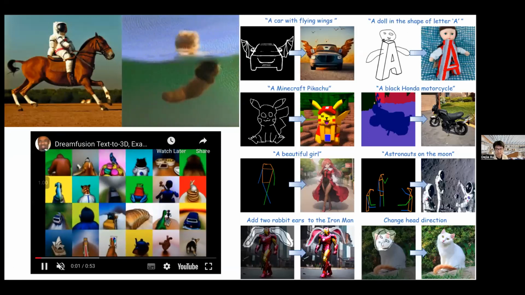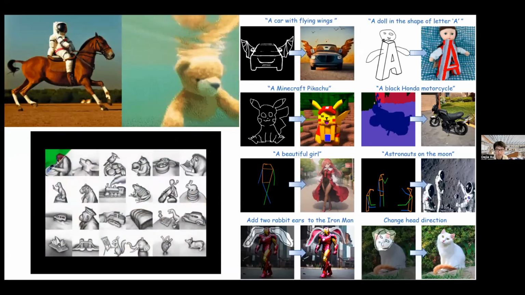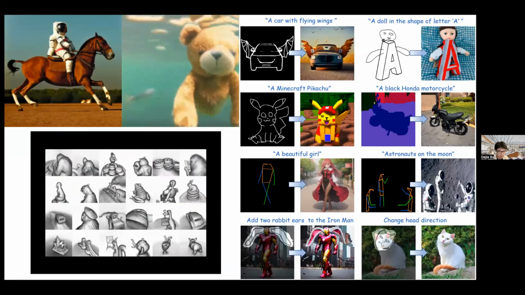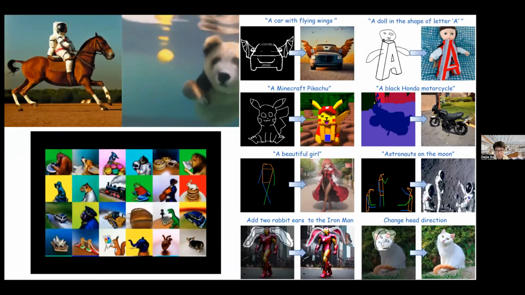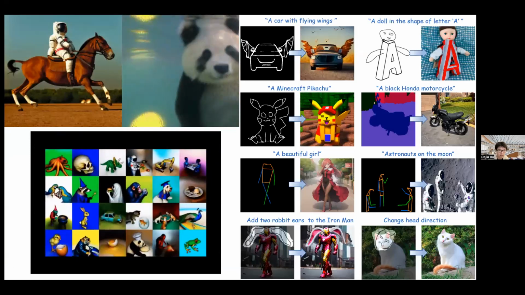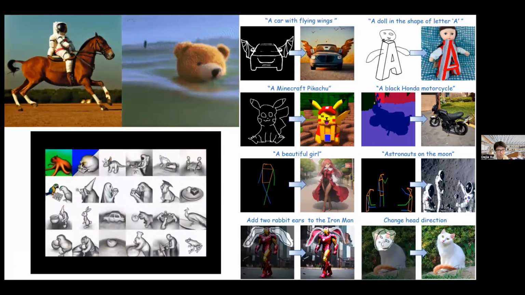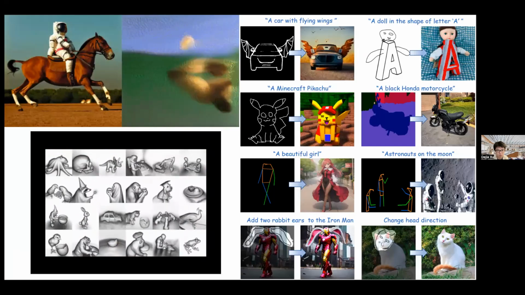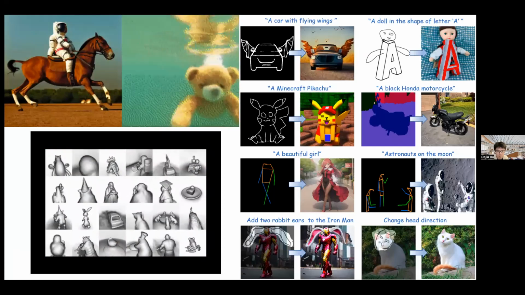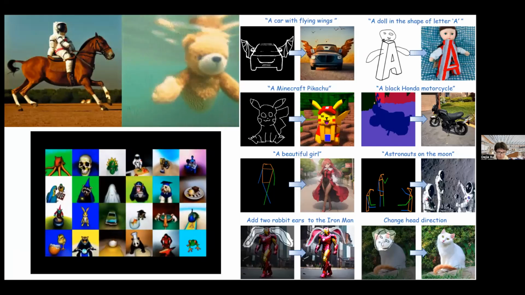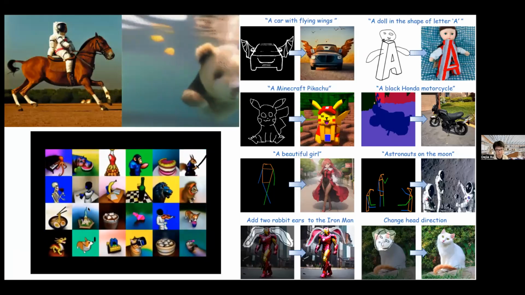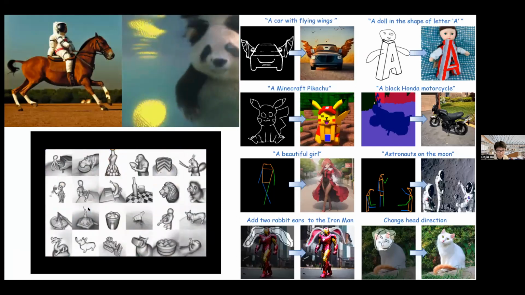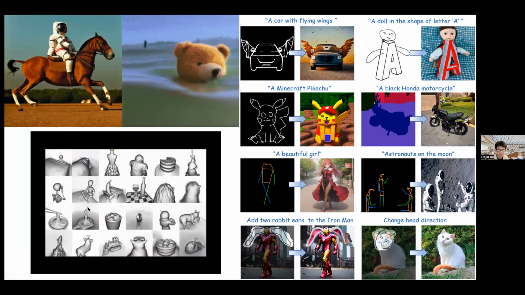On this slide, you can see that there are a lot of different artificial creations that can be done using these large-scale text-to-image diffusion models. Not only can they generate images, but also videos or even 3D assets. On the bottom left, this video shows a lot of 3D assets that are not realistic and are generated by those algorithms.